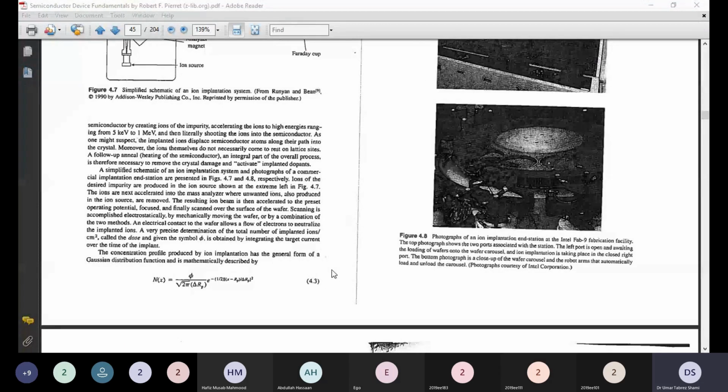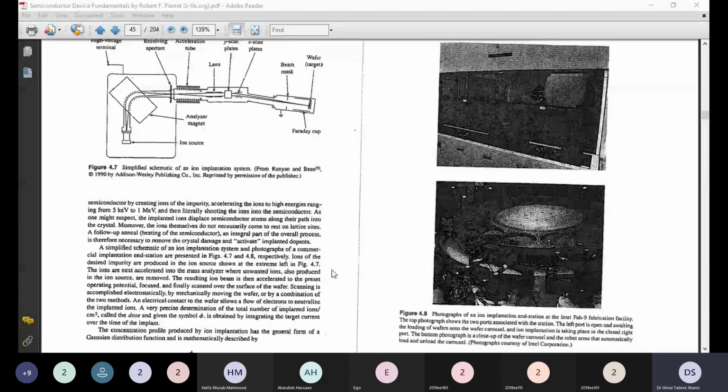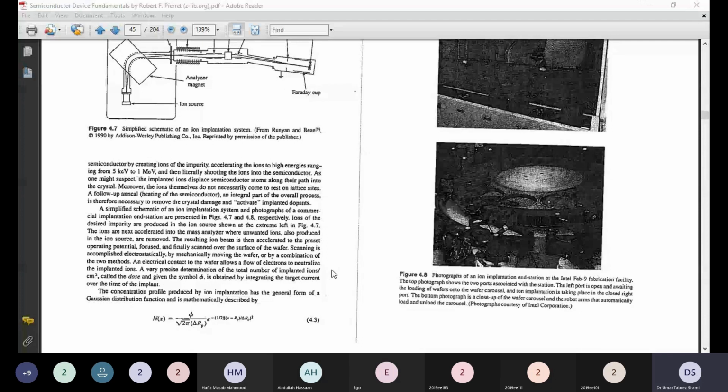Ions of the desired impurity are produced in the ion source shown at the extreme left in figure 4.7. The ions are next accelerated into the mass analyzer, where unwanted ions produced in the ion source are removed.